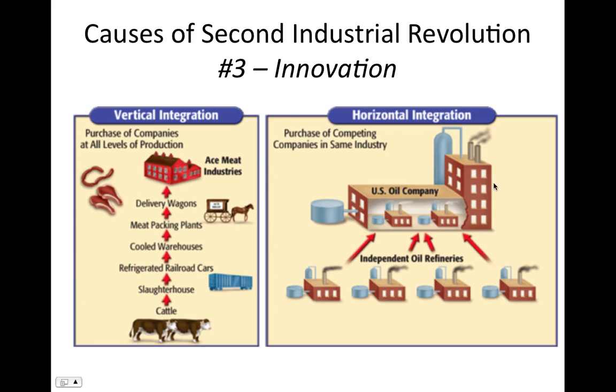So, for example, U.S. Oil Company was an oil refining company at the time in the 19th century, a very large one, and its way to success was buying out other oil refining companies that were owned by small businesses, by families, or by smaller companies.